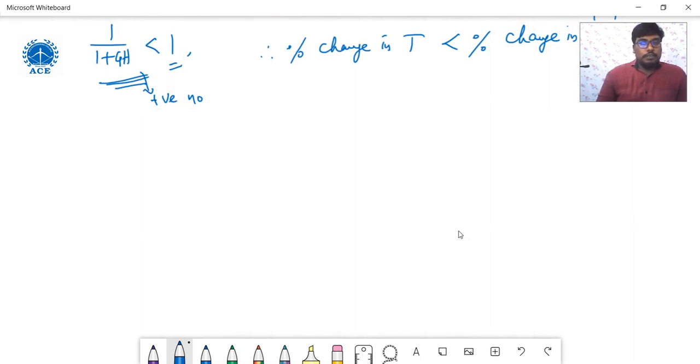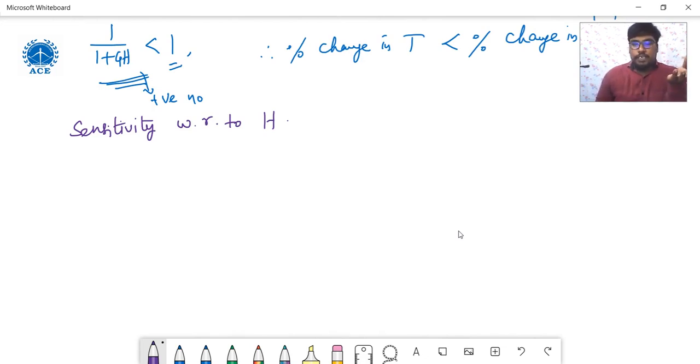So this is one. Now we will take the sensitivity with respect to H. Now feedback in the closed loop. Okay, H is the feedback. Now we will take the sensitivity of overall gain with the parameter, which is equal to, what is the formula?